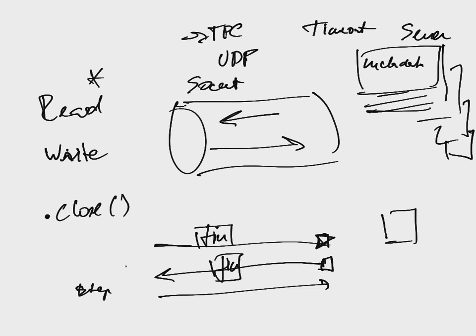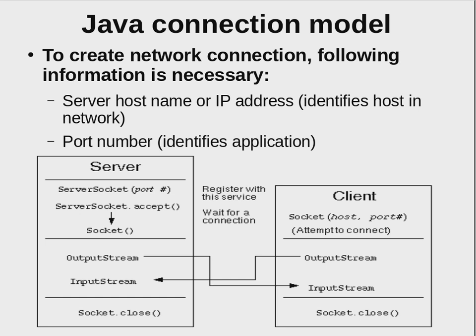Or again, it may send another packet if it was still running, which will not be received by the server anymore, because these data structures for this particular connection, with these port numbers and sent packets, are not alive anymore. But in most cases it works in the following way: either client or server sends this is the final packet from me, and the other end also sends, okay, thank you, this is the final packet from me, which is not received anymore, so it is just dropped and not handled.